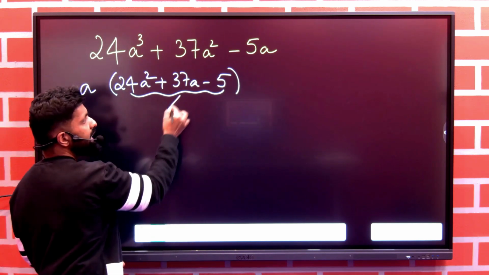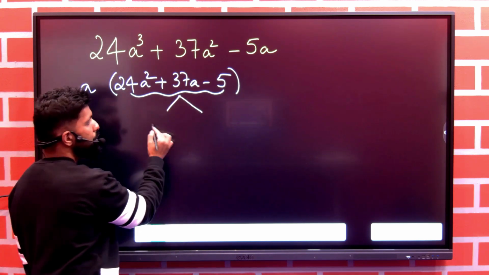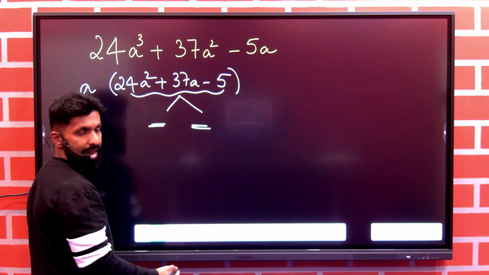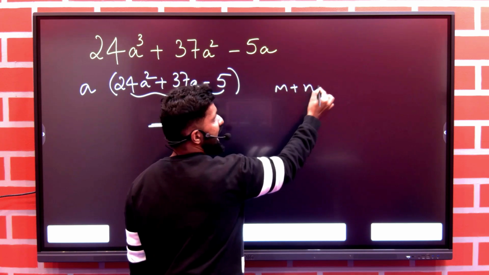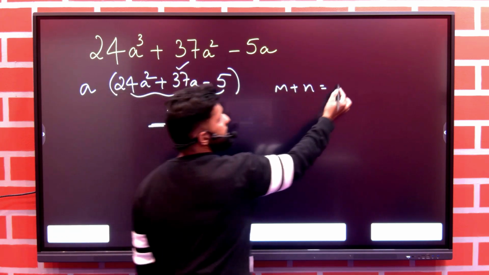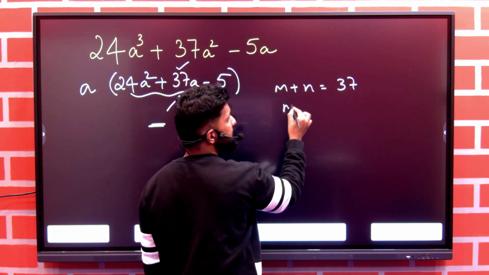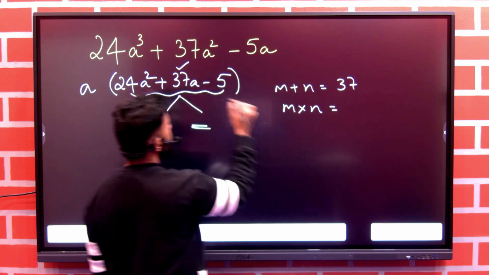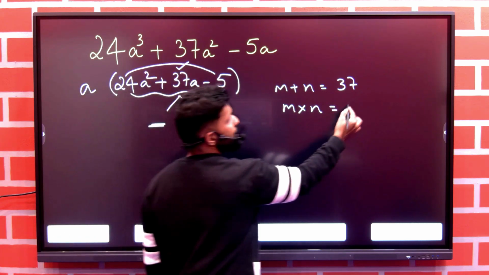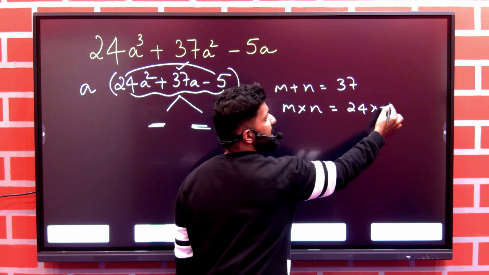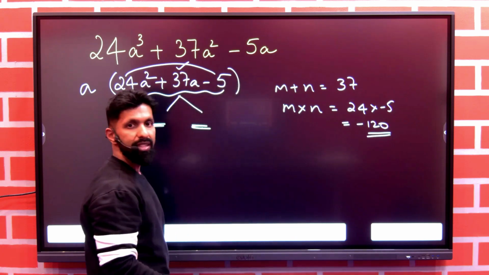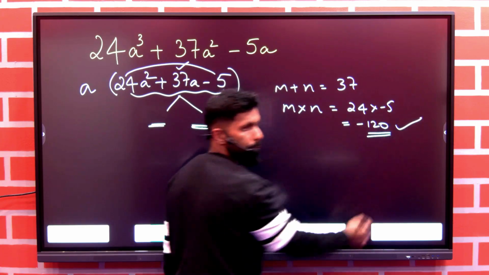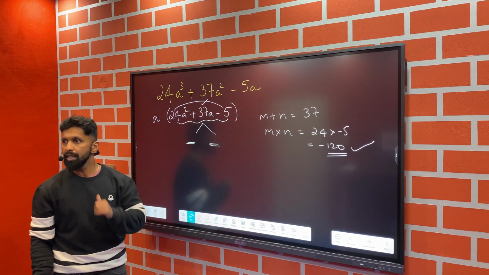So now I need to split this 37 into two new numbers m and n such that when I add, it should be same as 37, and when I multiply, it should be same as 24 into minus 5. What is 24 times minus 5? Minus 120. Okay, so what is important to us is minus 120, right? Keep the minus sign in your mind.